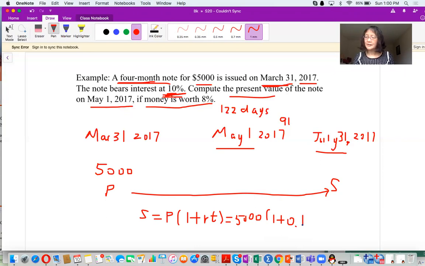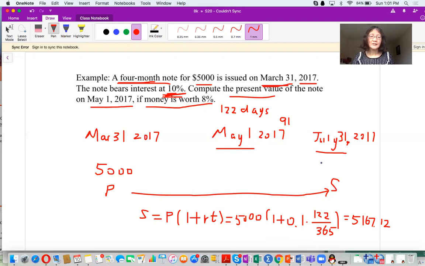And T is the number of days between March 31st and July 31st, so 122 days. A year has 365 days. And you end up with $5,167.12. So this is the value on July 31st, 2017.